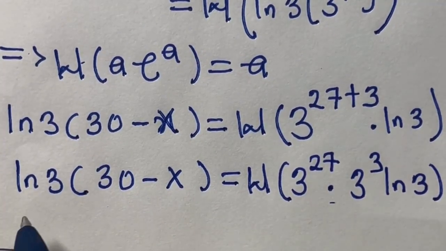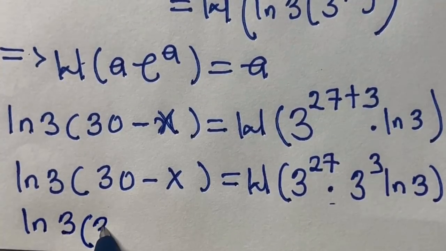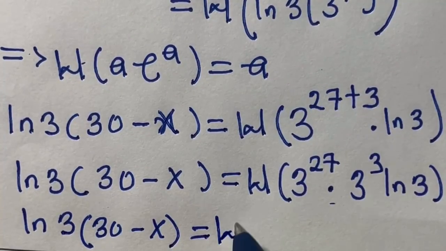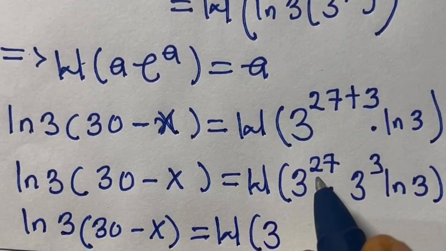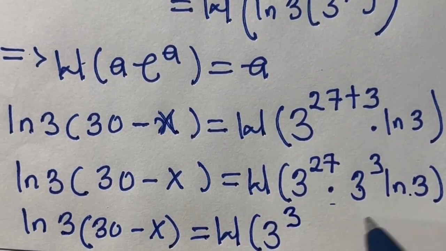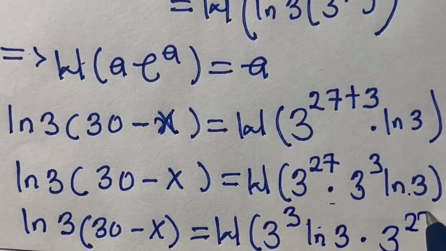So then this will become ln 3 multiplied by 30 minus x equals the Lambert function of 3 raised to the power 3, this ln 3, multiplied by 3 raised to the power 27.